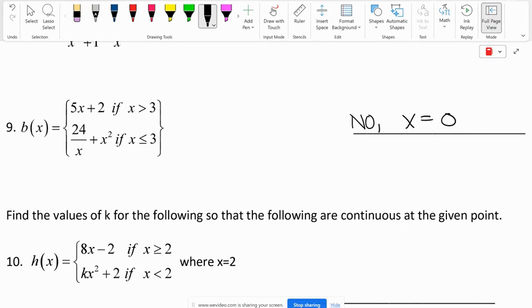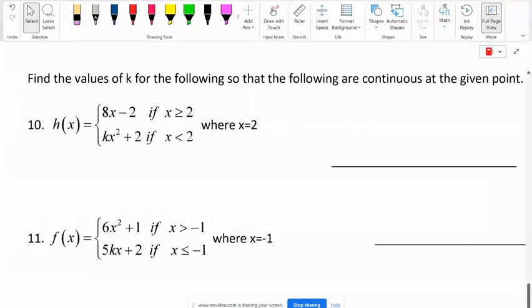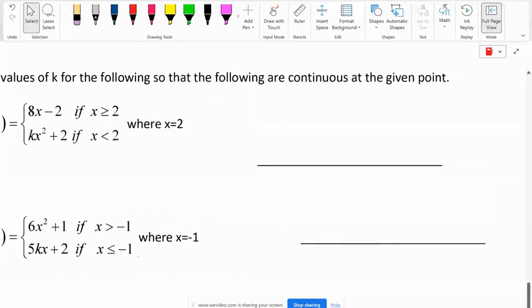Okay. And the very last part of what we're doing today, we want to find the values of k so that the following are continuous at the given point.